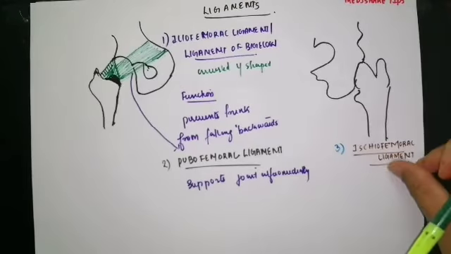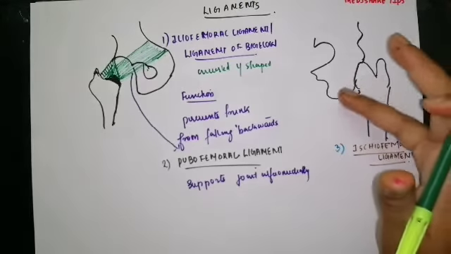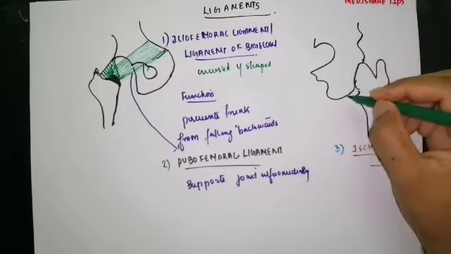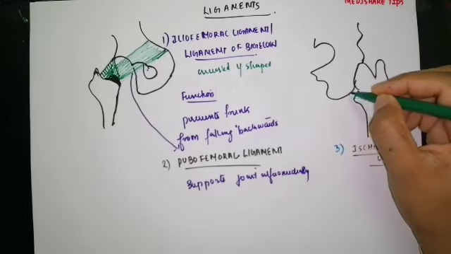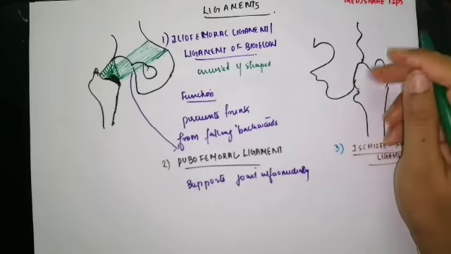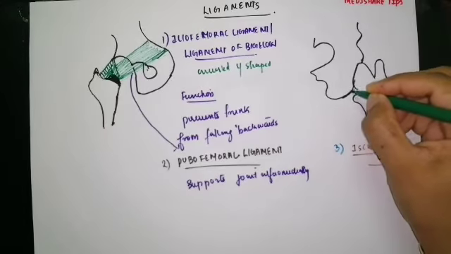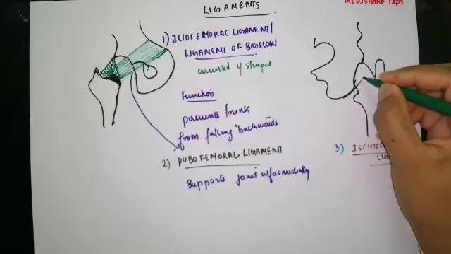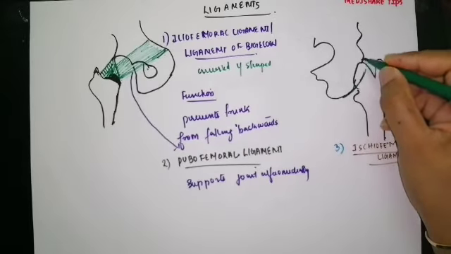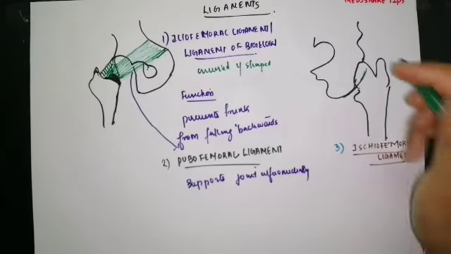From the name itself you can see that it is extending from the ischium towards the femur, and you can see that it is attached on the ischium below the acetabular margin like this, and it takes a turn superolaterally, takes a twist superolaterally, and gets attached to the fibrous capsule.